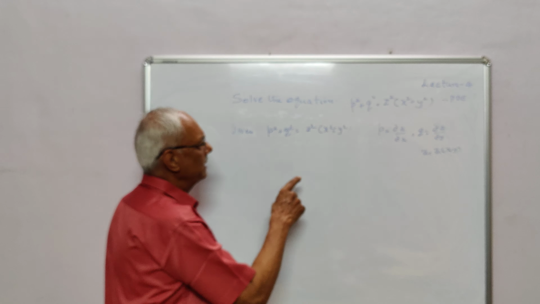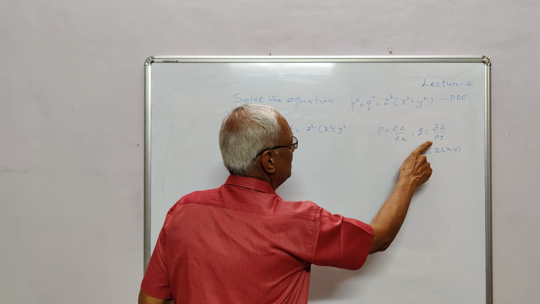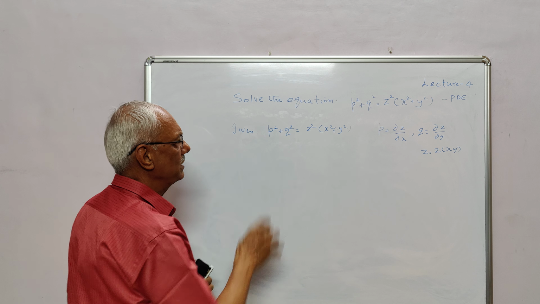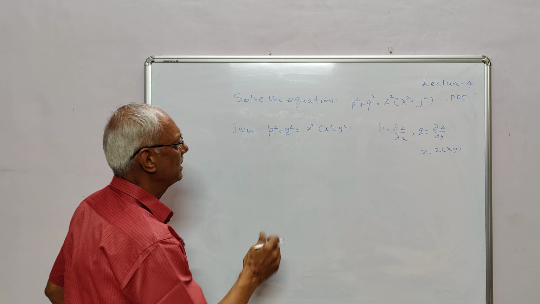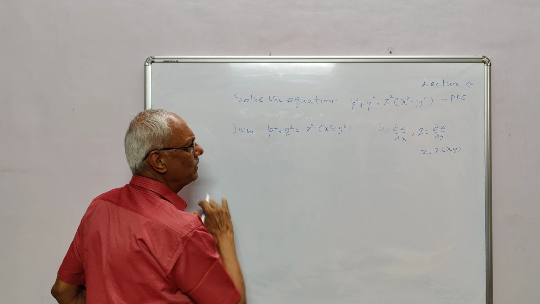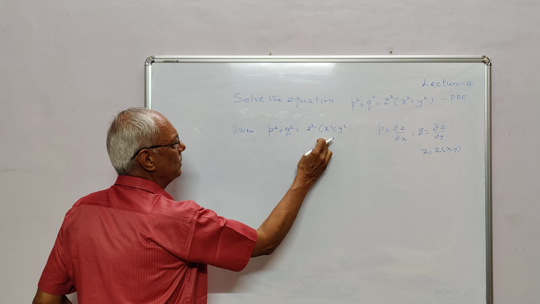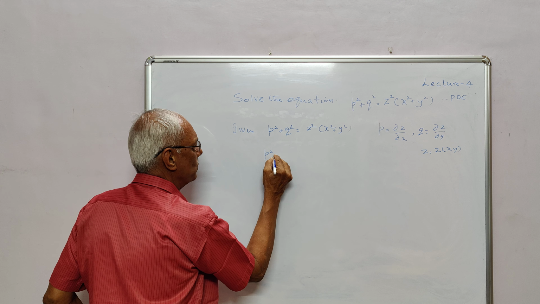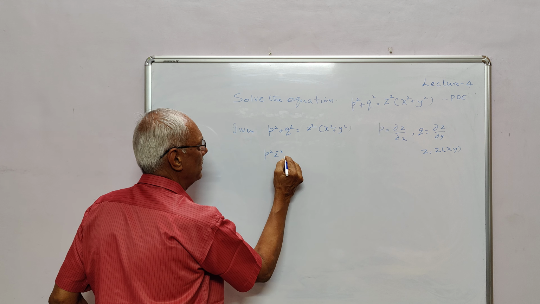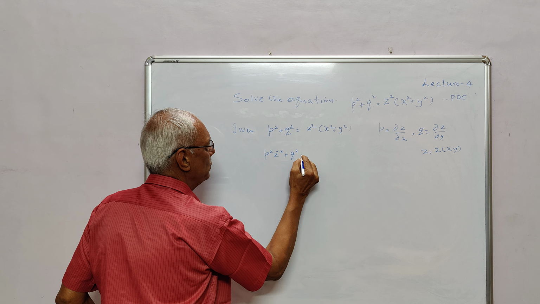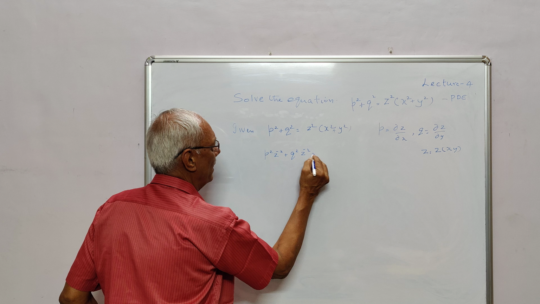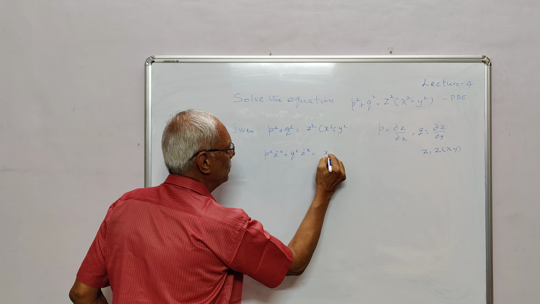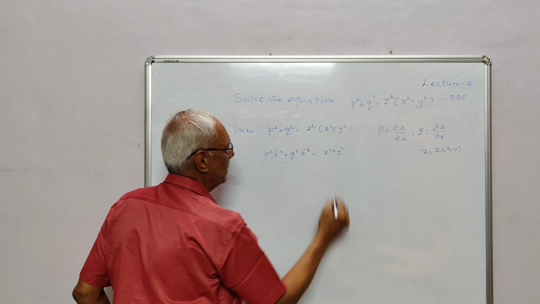Now, here we are given only this p and q and also this one. So what I do here is, I divide throughout by z squared. When you divide this throughout by z squared, you will get p squared z to the power of minus 2 plus q squared z to the power of minus 2 is equal to x squared plus y squared.